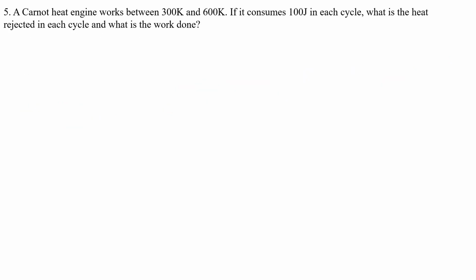The next problem is, a Carnot heat engine works between 300 Kelvin and 600 Kelvin. It consumes 100 joules in each cycle. What is the heat rejected in each cycle and what is the work done? So we know that Carnot engine involves 4 steps, right.